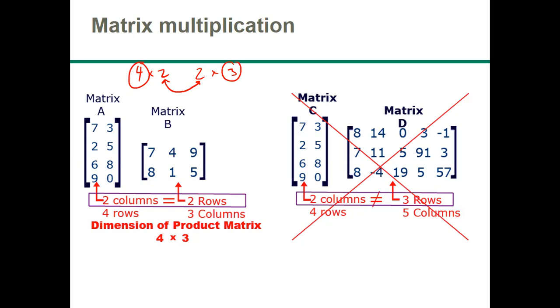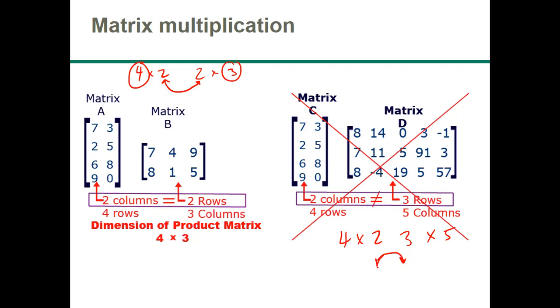Now, if you look at matrix C and matrix D, we're going to test to see if they pass the smile test. Obviously, I told you they didn't because I put a big X over it, but I'm going to tell you why. So here we have a 4x2, and this one we have a 3x5. Do they pass the smile test?